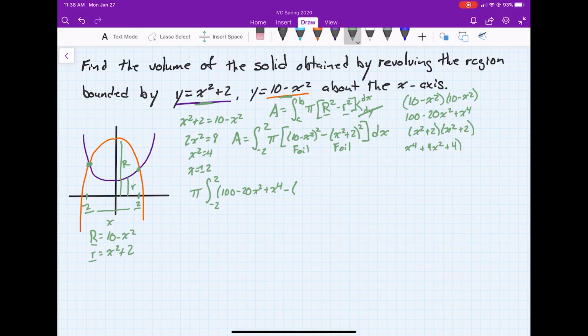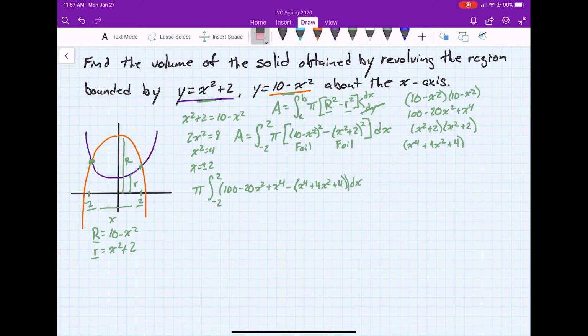So that's what's going to go in the parentheses down here. So we'll transfer all of this into here. And there we go. Now remember dx at the end. And we're going to have to distribute that negative. So actually let's just bring all of this down here. Little side work underneath here.